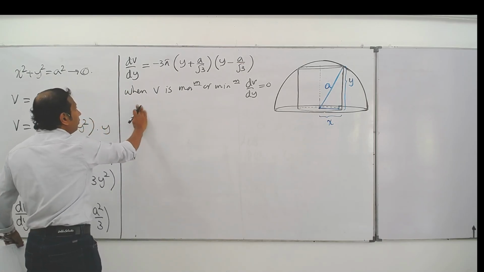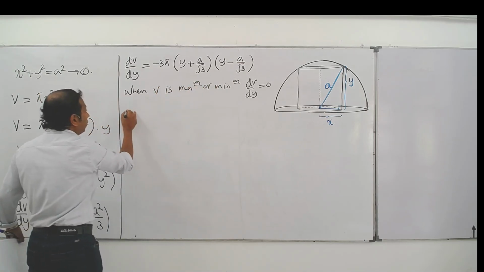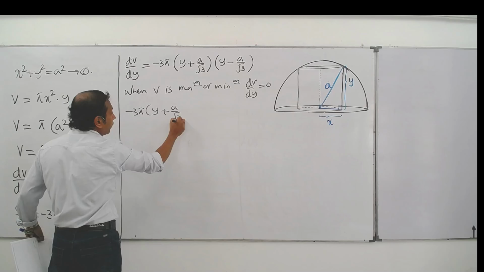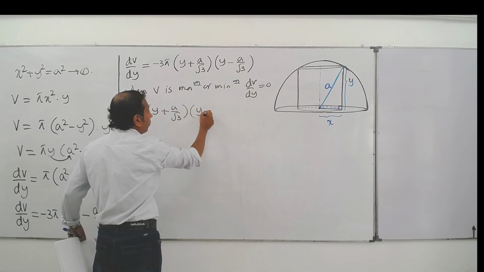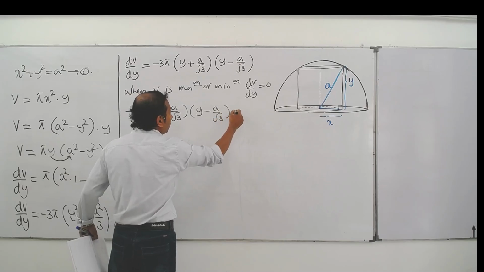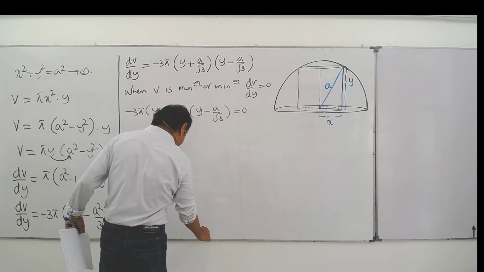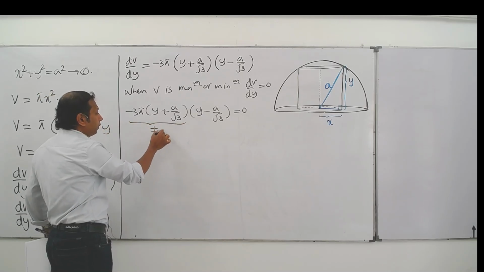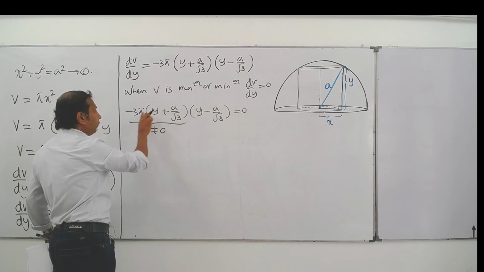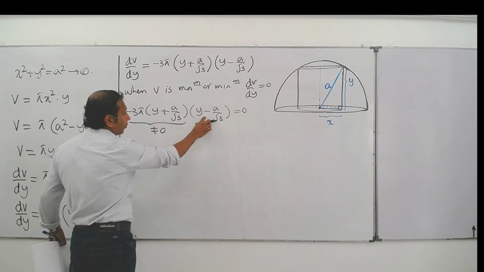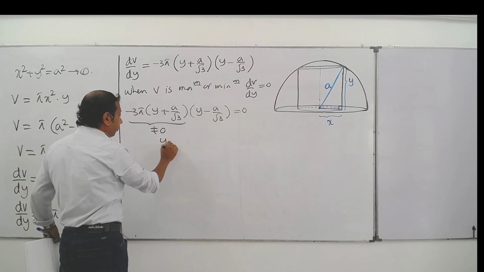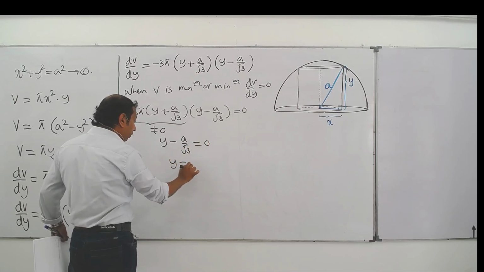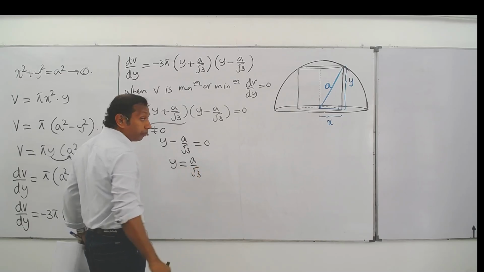Then dV over dy 0 means minus 3 pi (y plus a over root 3) into (y minus a over root 3) is equal to 0. But this part cannot be 0. y is a positive value, a is a positive value. This is completely negative. Therefore, for the product to be 0, y minus a over root 3 should be 0. y equals a over root 3, right?